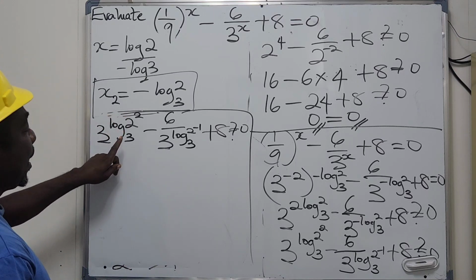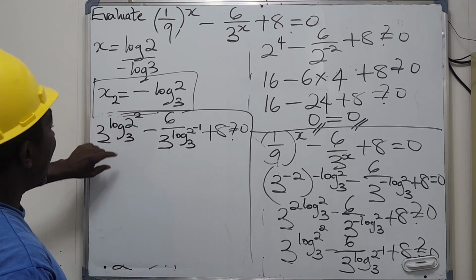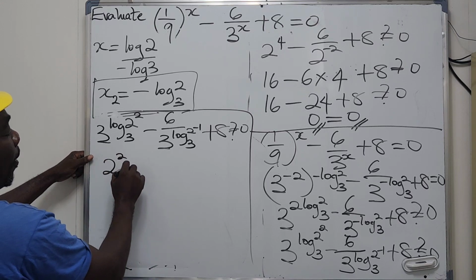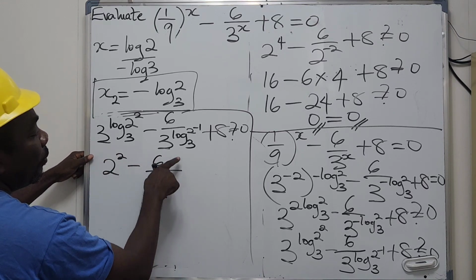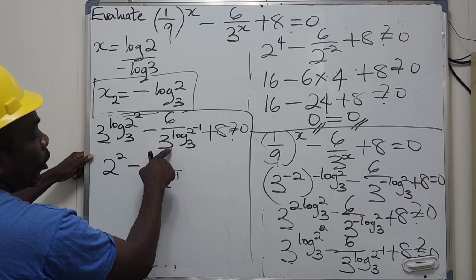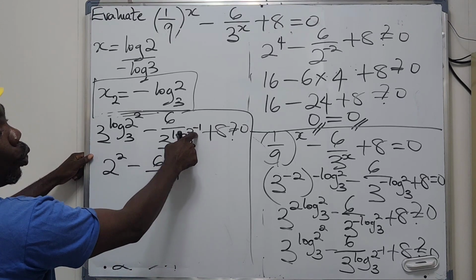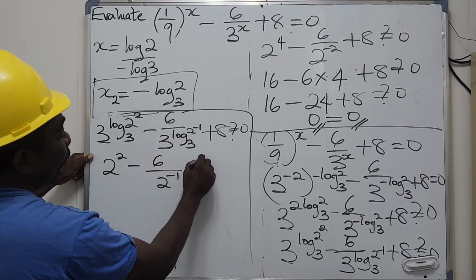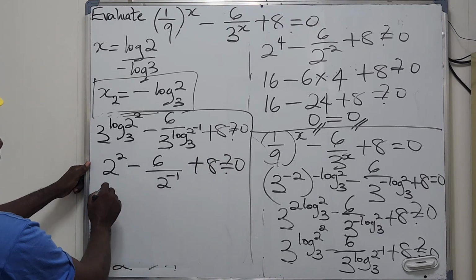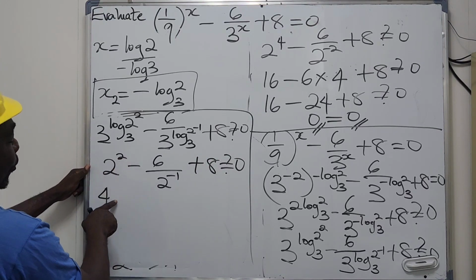So this here, we record, is the same thing as 2 to the power of 2 minus 6 all over 2 to the power of minus 1, because this 3 will cancel here, it will now be left with this, and we have plus 8. When we add this, will this equal 0? 2 to the power of 2 is 4.